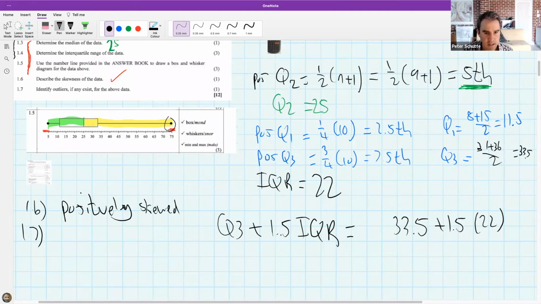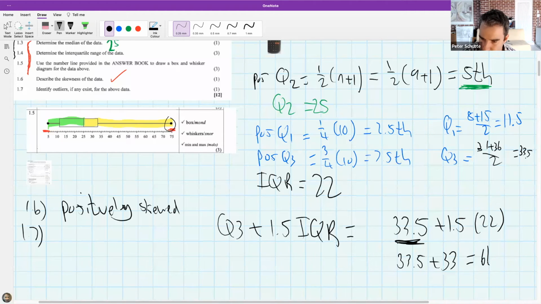Have a look at this, guys. The biggest value in this data set is 75. Would you agree with me? So now if I take what Q3 is, 33.5, 1.5 times the interquartile range is 1.5 times 22. So 1.5 times 22 is 33. And so that is going to give me 66.5 as my upper boundary.